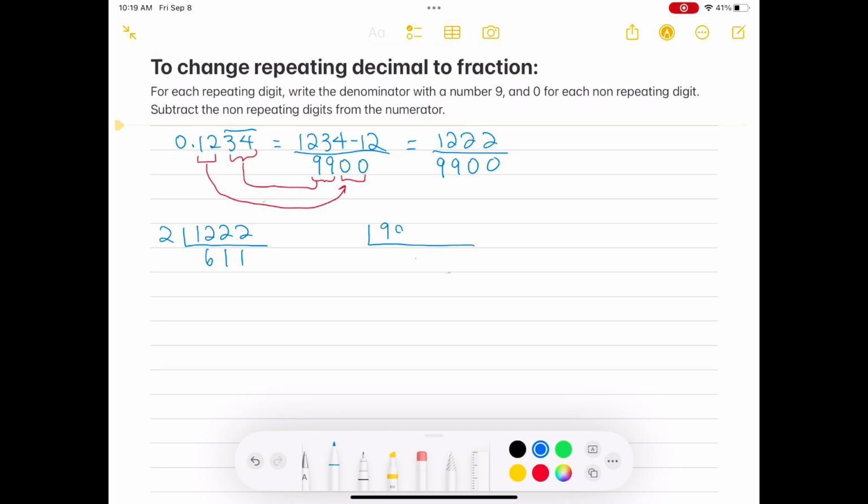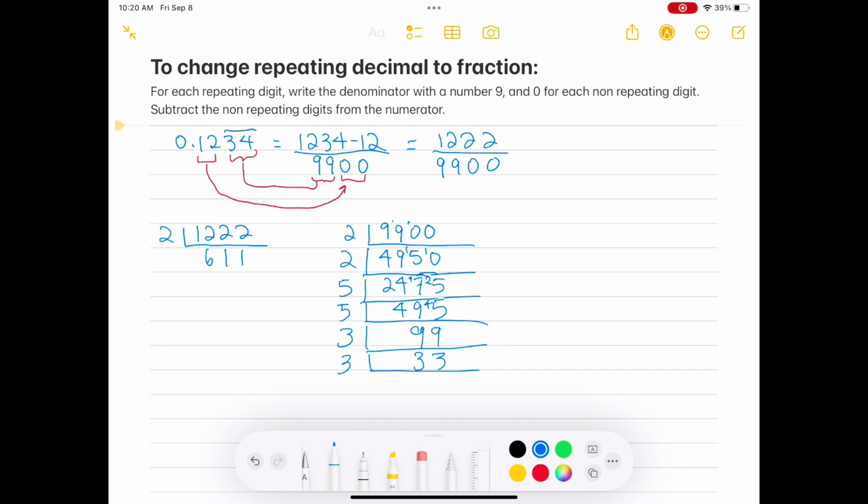Okay, now I do shortcut division to find all the prime factors of each of those numbers. And I start with 1,222, and I get 2 times 611, and I will pause there for now before going on the mad hunt for additional prime factors. I move to 9,900 and see what are the prime factors that make up that number. And I see that 9,900 breaks down nicely into a bunch of 2's, 3's, and 5's, and an 11.